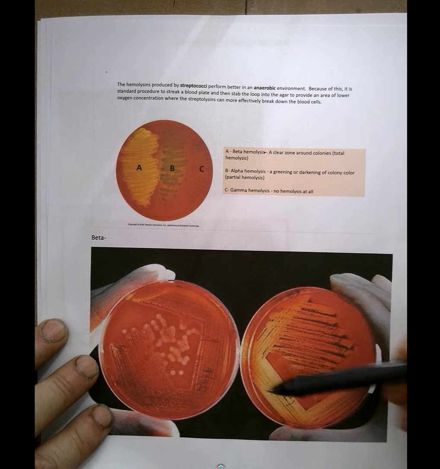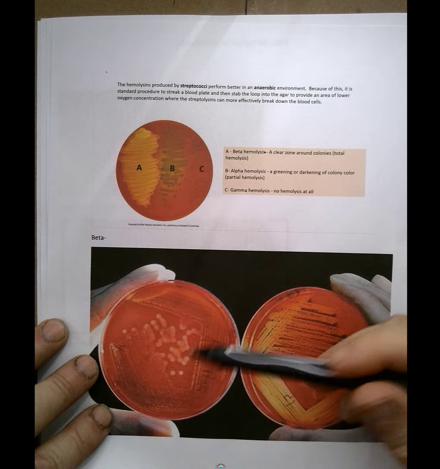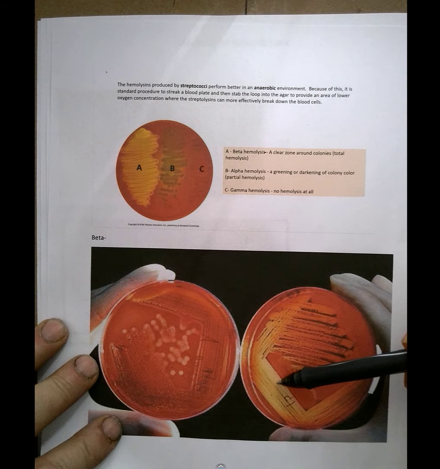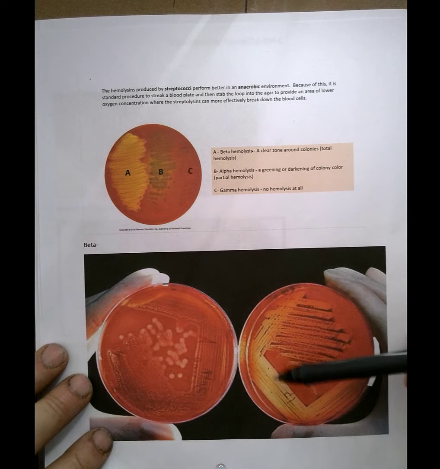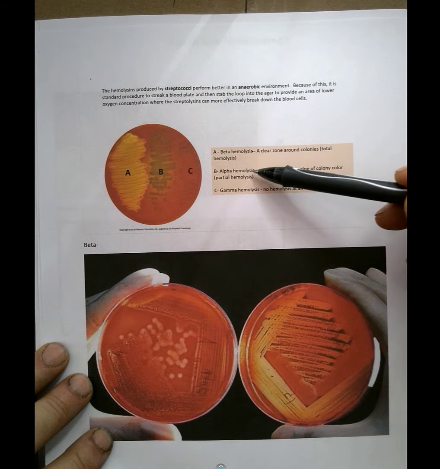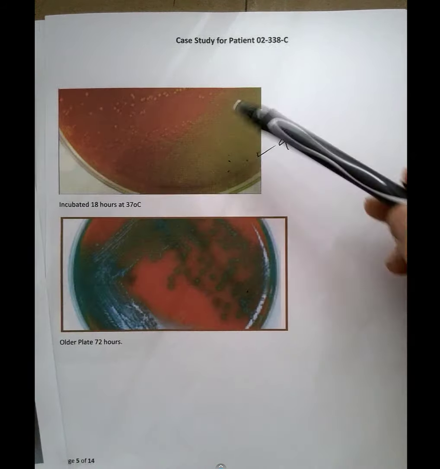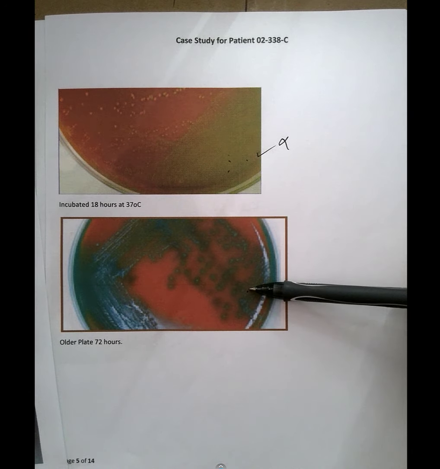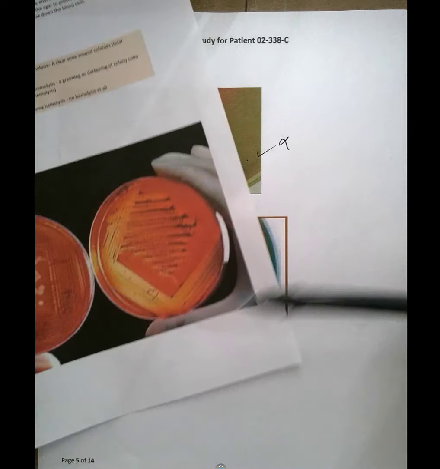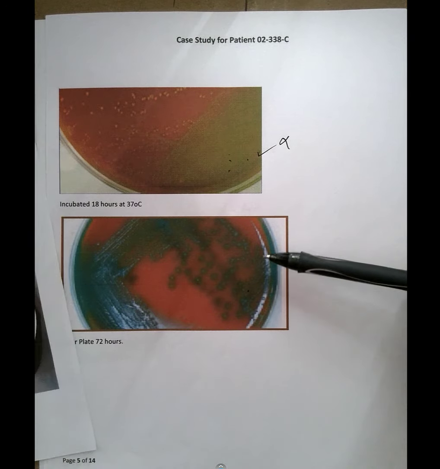With beta, you can actually see through the plate, because there's so much red blood cell lysis that you get clearing. The alpha hemolysis is what we're seeing here. This is alpha confirmed, because if you incubate it longer, it really starts to show the color, but it's not clearing the plate.